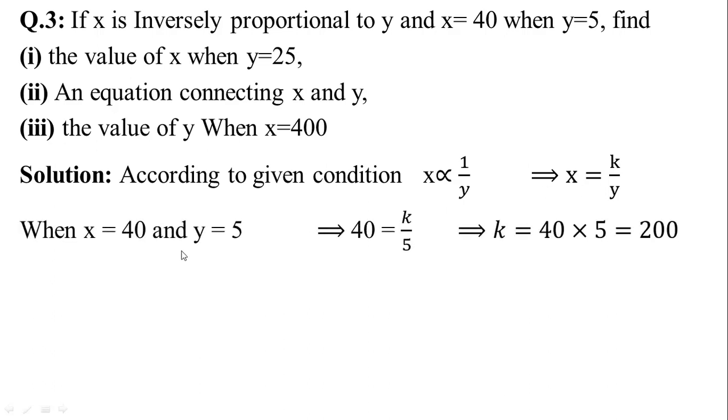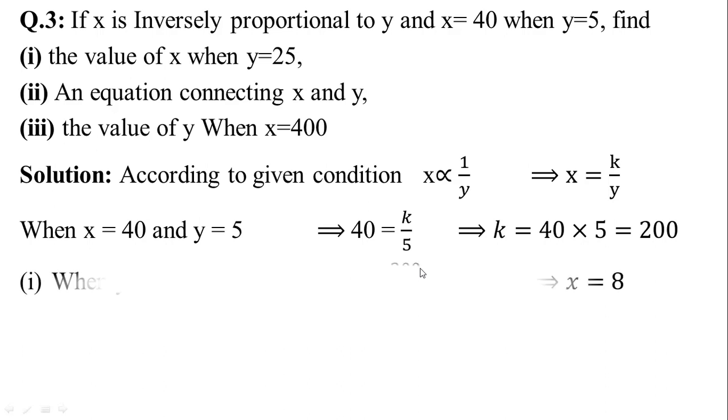Here x is equal to 40 and y is equal to 5. Putting the values, 40 is equal to k upon 5. 5 is multiplied on the other side. This implies that k is equal to 40 multiplied by 5, which is equal to 200.